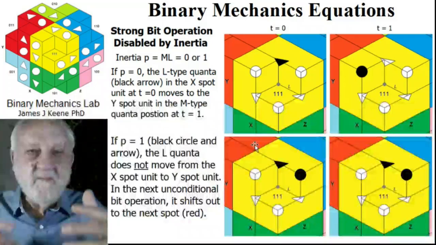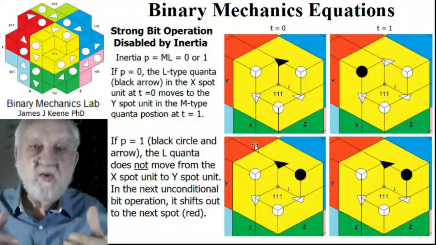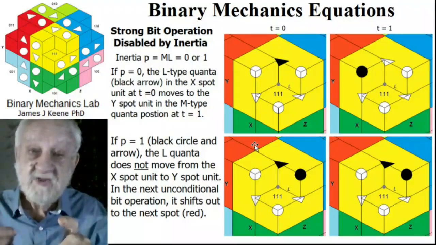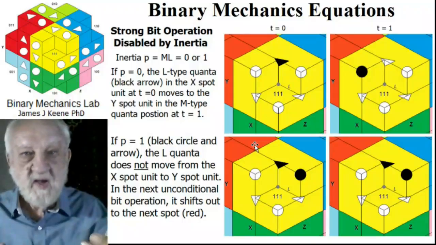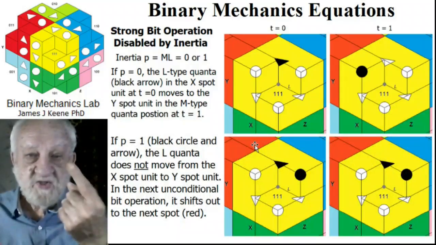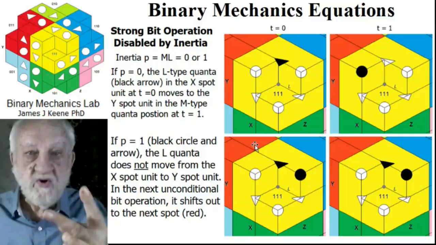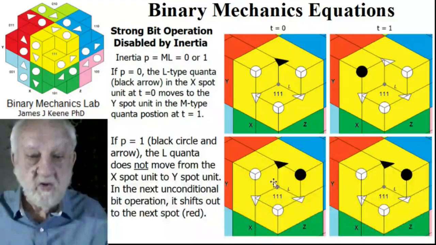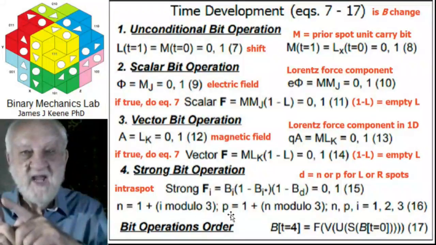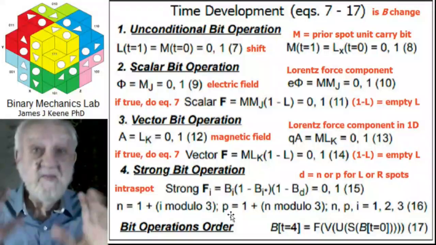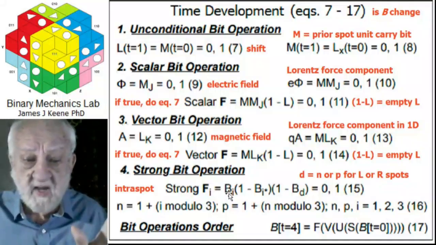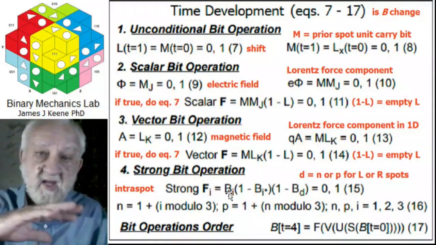So now we have the mechanism of motion where one state quanta can leave a spot, or a particular elementary particle location, that's what a spot is, to another spot, which is another kind of particle location, two ways: by the unconditional bit operation or when the strong force is disabled, as shown in the lower part of this diagram. Now, with chirality, in other words, the right-handed and left-handed nature of our 8 elementary particle locations, intraspot transfer of a one state that I've been talking about can either go one way or the other.